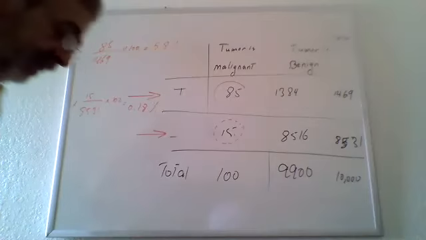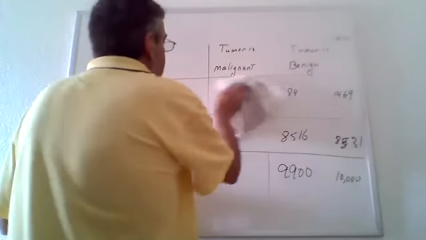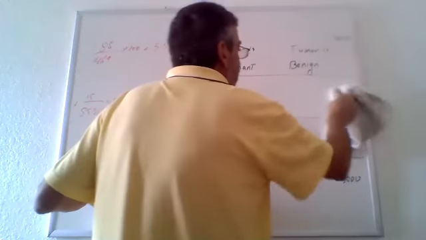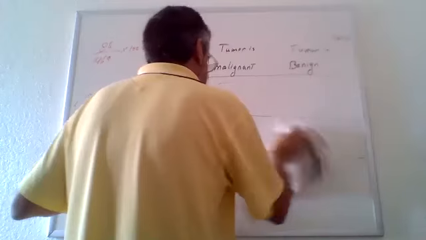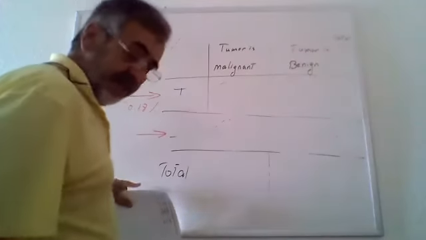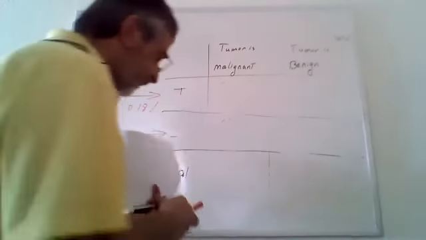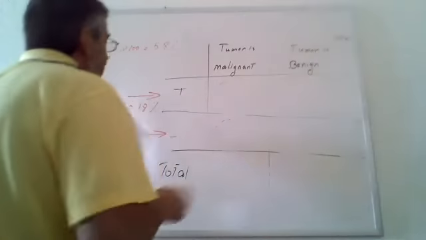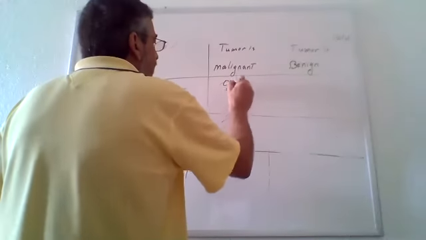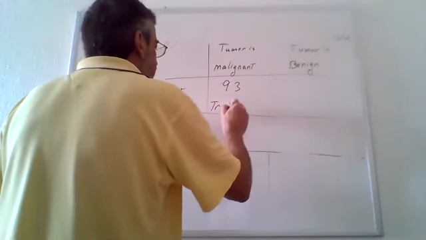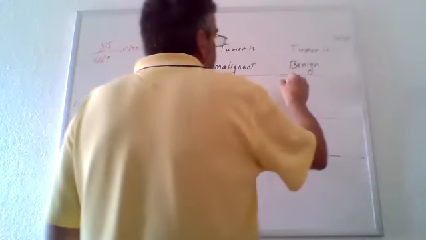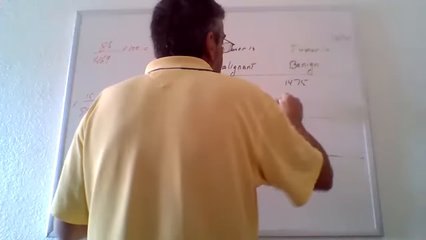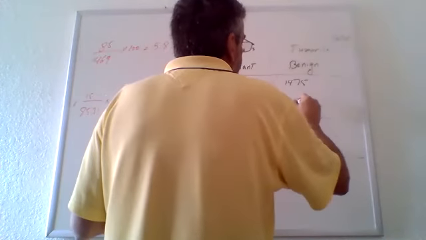Okay, in another problem, we're given the following. It's supposed to be the same, but we have the following. Let's say 93 true positive, 1475 false positive.